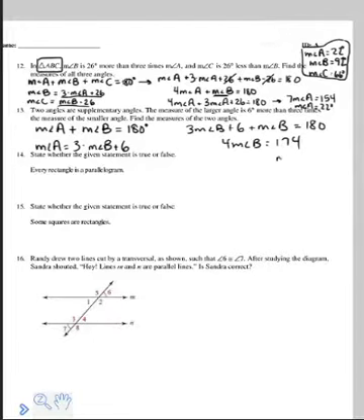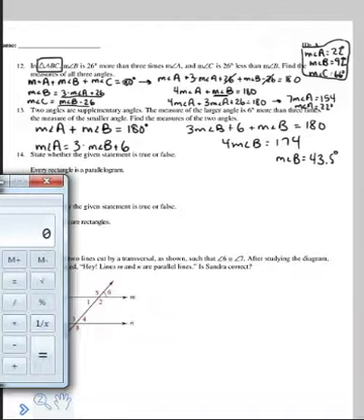So the measure of angle B is 43.5 degrees. We know that A and B together form supplementary angles. So if we subtract this amount from 180, we have 136.5, so the measure of angle A is 136.5.